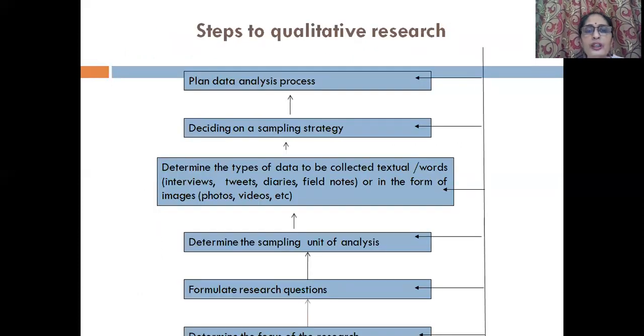Now, the next step is to define the research design for a study. As I said, friends, it is a bottom-up approach. It is an inductive approach. So we have first defined the focus of our research. We have defined the research problem.